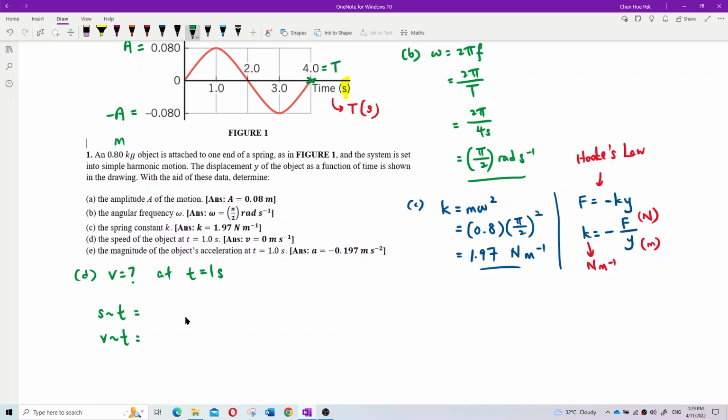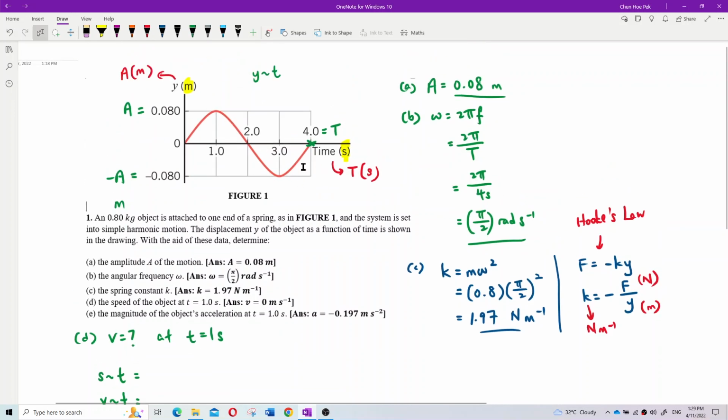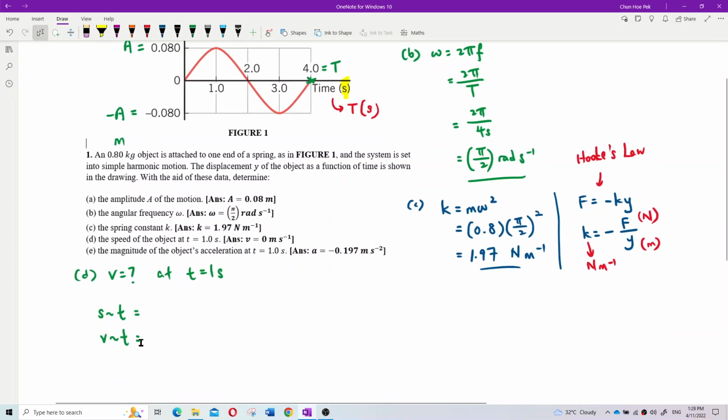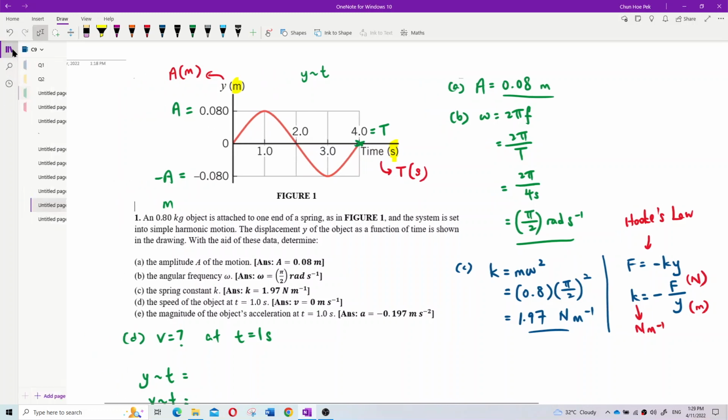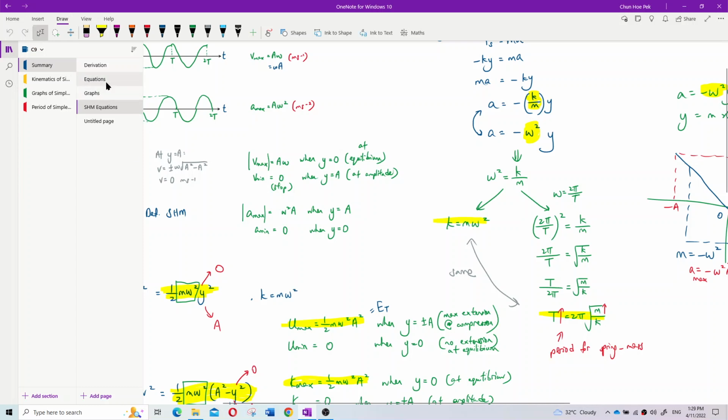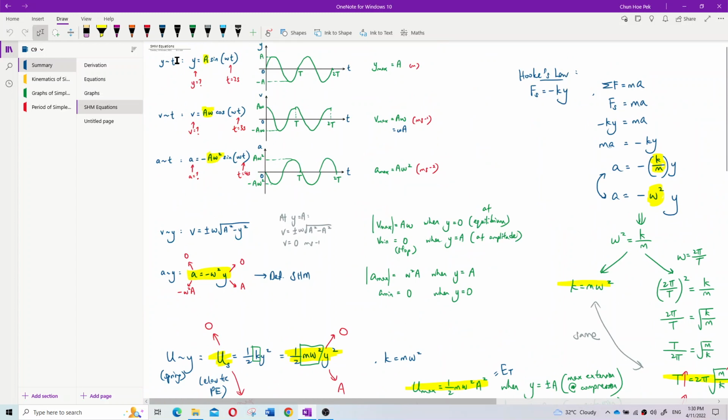The displacement-time graph, the y-t graph, is a sine graph, so follow our notes. Our displacement equation is y equals a sine omega t, the velocity equation is a omega cos omega t, and the acceleration is negative a omega squared sine omega t.